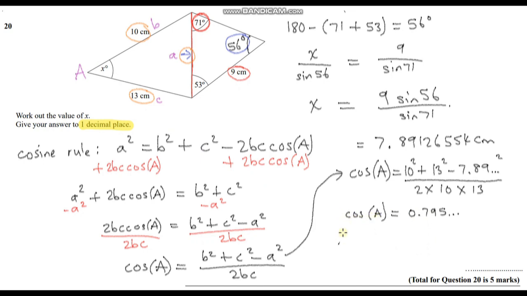Now you can clearly see that this is not the angle, this is the cosine of A. So to work out what A is, we take the inverse cosine. So A is the inverse cosine of 0.795 dot dot dot. I just need to put shift cos and then my answer, and that gives me 37.3345, and then that just keeps going on again as well.